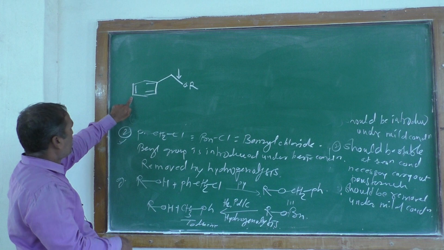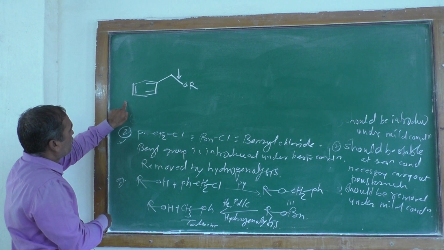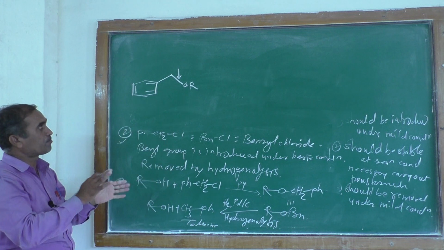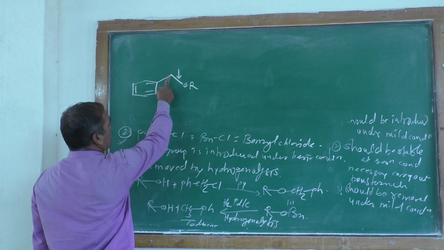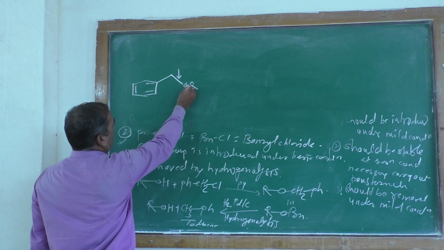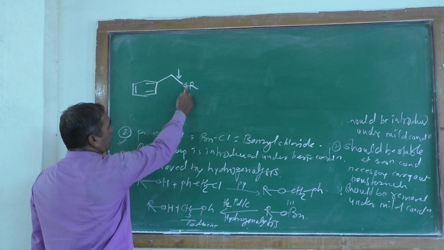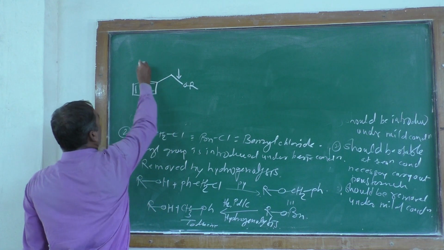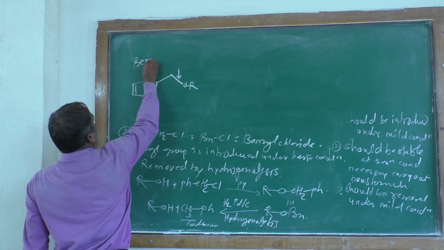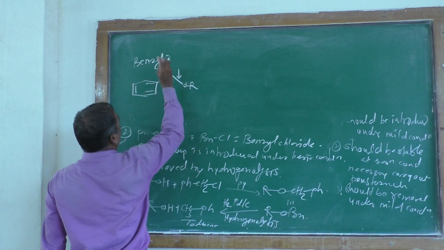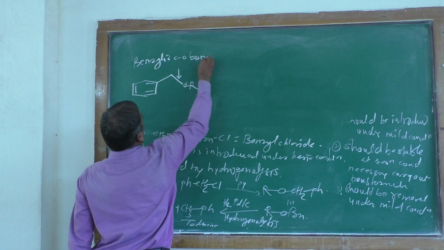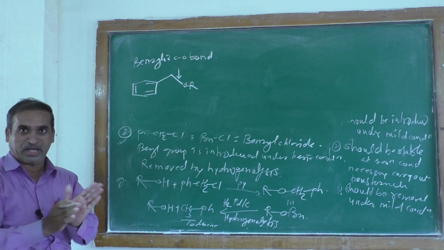If there is a methoxy group, we will look at it in the next example, but this carbon-oxygen bond is going to cleave, this other bond is not going to be affected, only the benzylic carbon-oxygen bond.